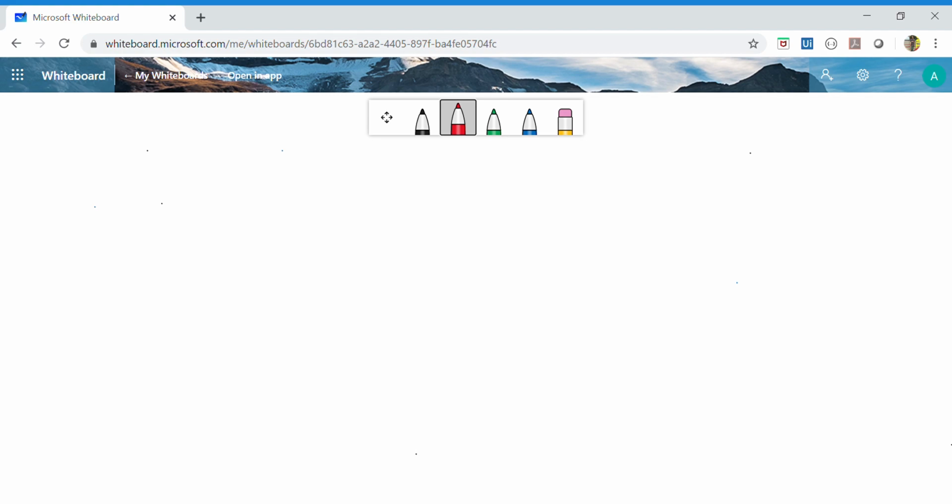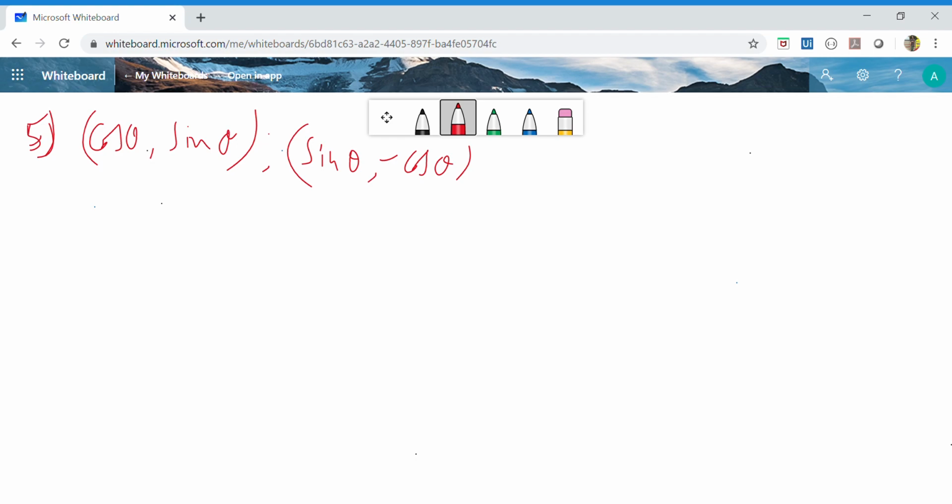Next, find the distance between the points (cos theta, sin theta) and (sin theta, minus cos theta).